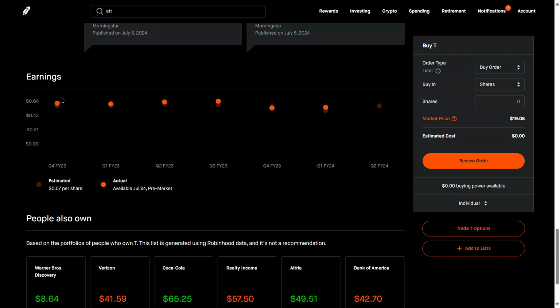This just shows the previous earnings, whether or not they beat earnings or missed them. That works the same as what I just described about the analysts. A stock could beat earnings, meaning it beat expectations.